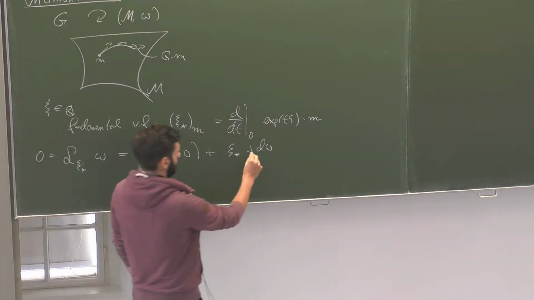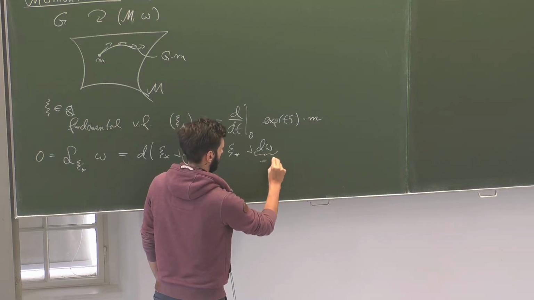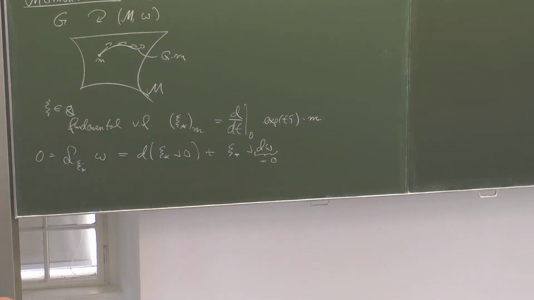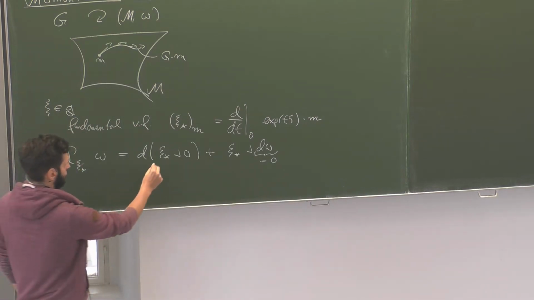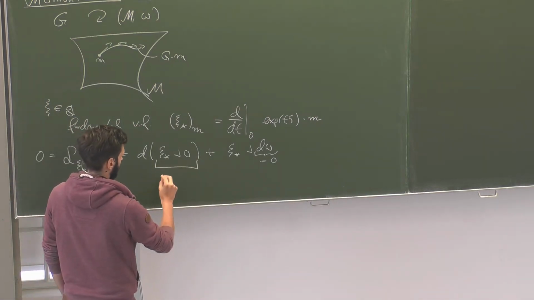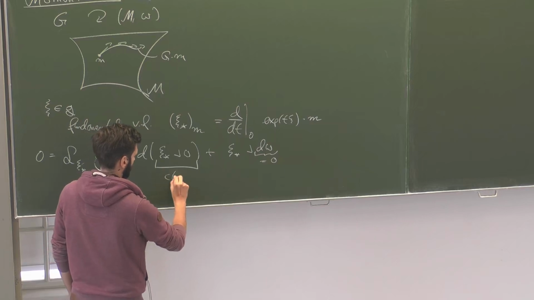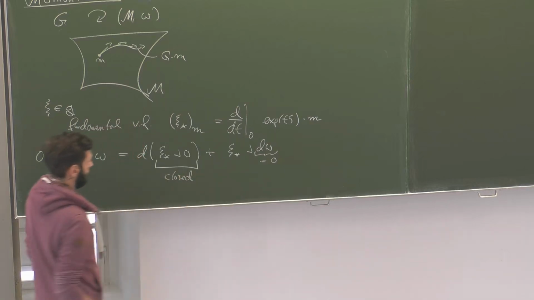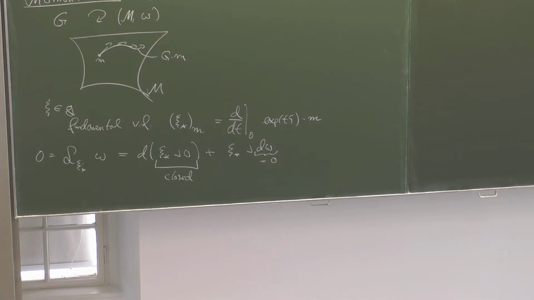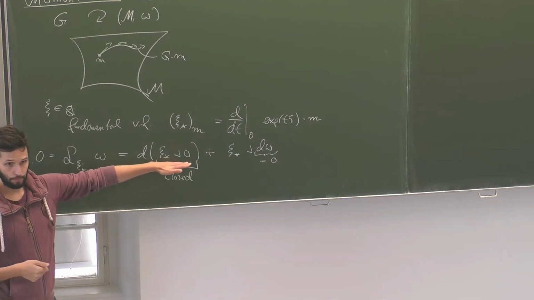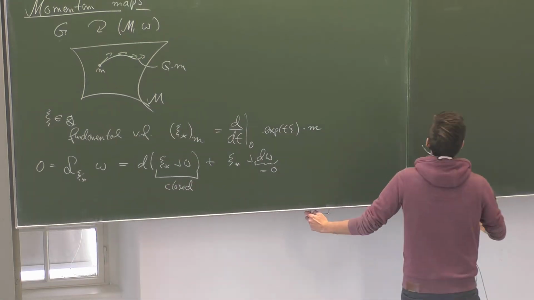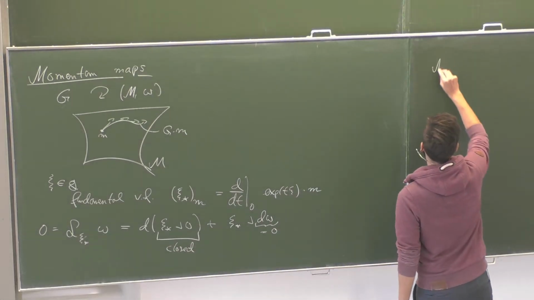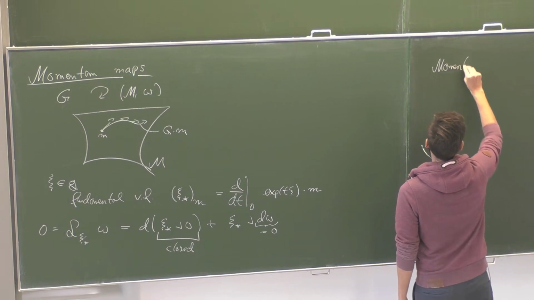By assumption in a symplectic manifold, this one is 0, because we assume our symplectic form to be closed. So what you see is that this form here, this guy, is closed. And the momentum map is, in some way, just like choosing a primitive of that form. Momentum map.